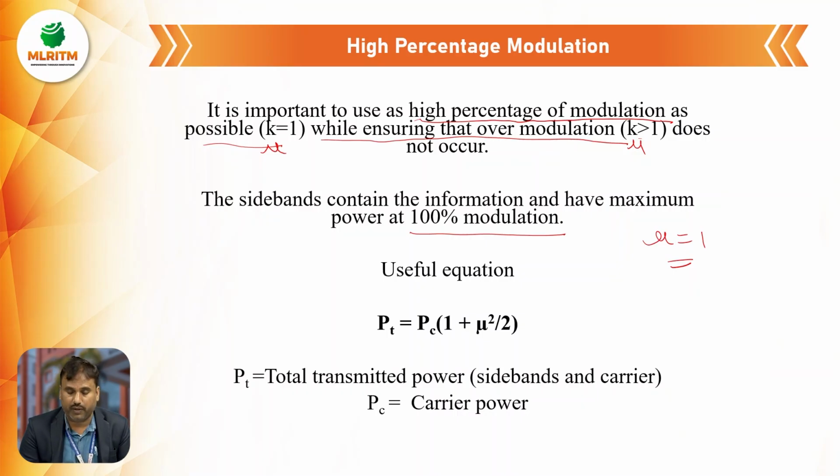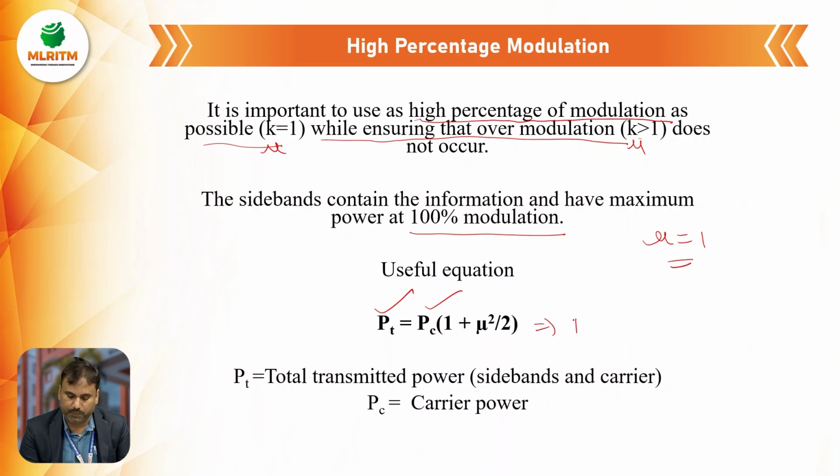The total power equation is PT = PC (1 + mu²/2). PT is the total transmitted power and PC is the carrier power. This is the equation for finding the total power of a modulated signal.